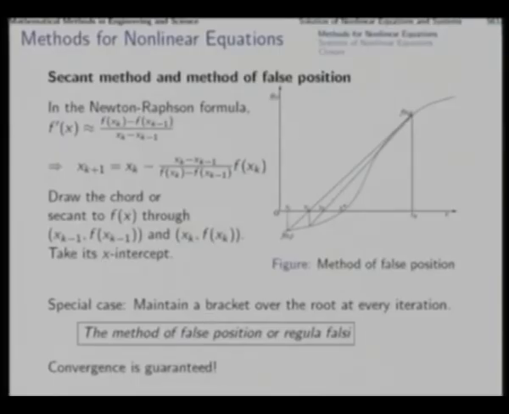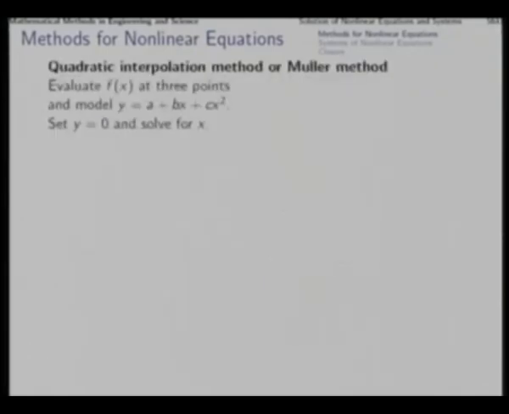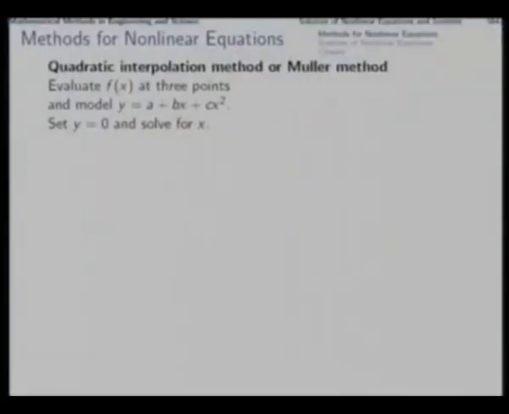Now, there are other methods also to solve nonlinear equations. One of them is quadratic interpolation or Müller's method. In that, you do not talk of derivatives at all.